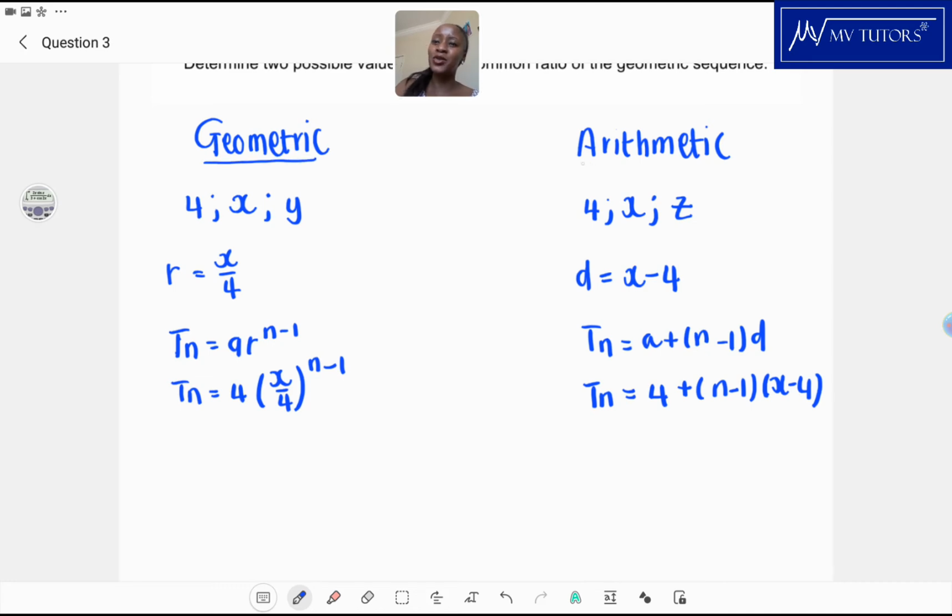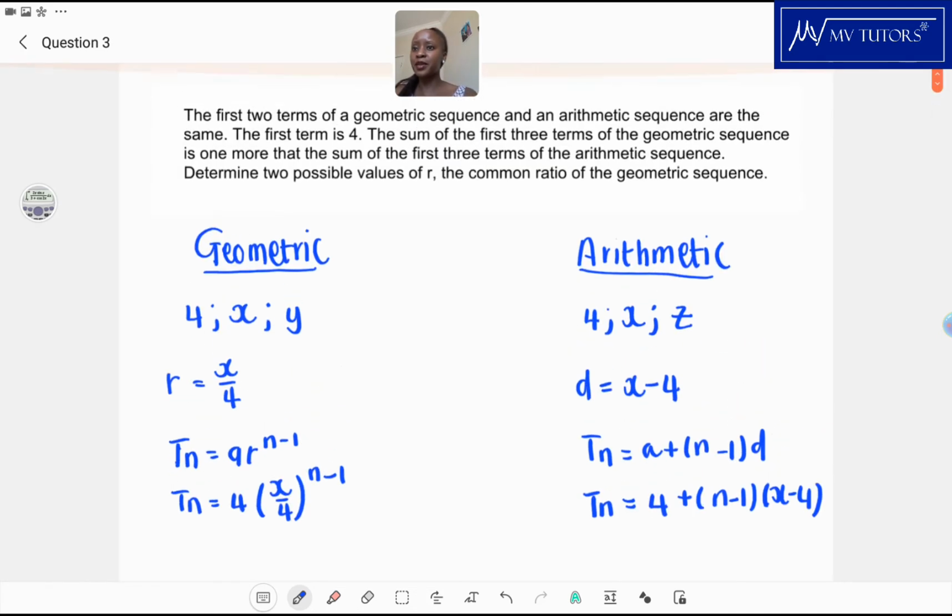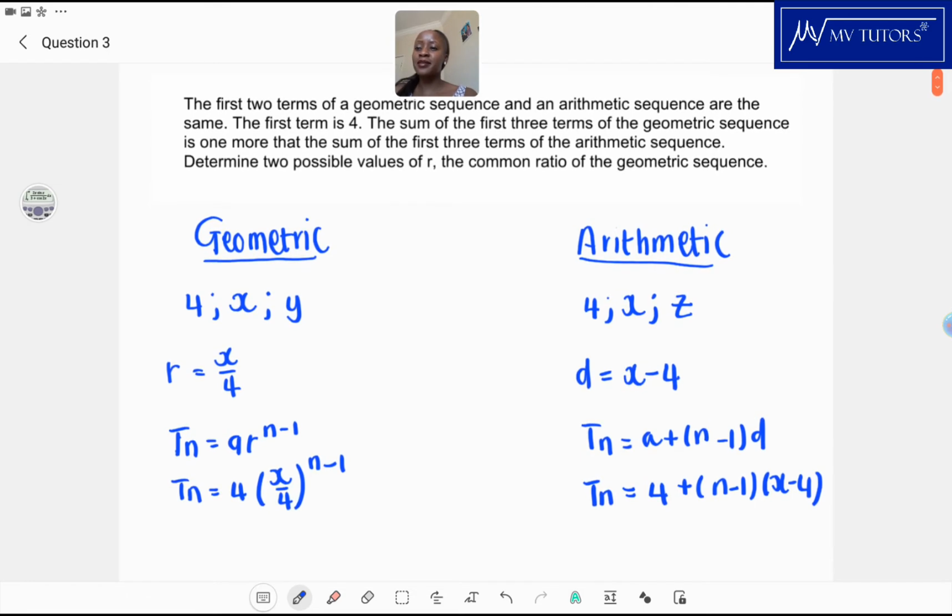Let's go back to the question and see what they are asking us. I know they want us to determine the value of r. Oh, the sum.